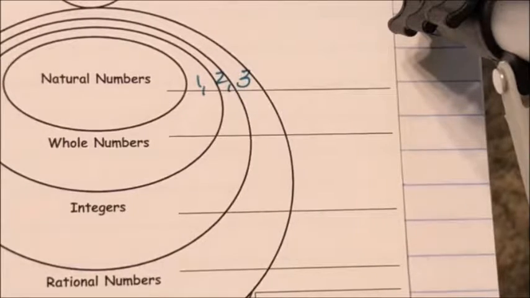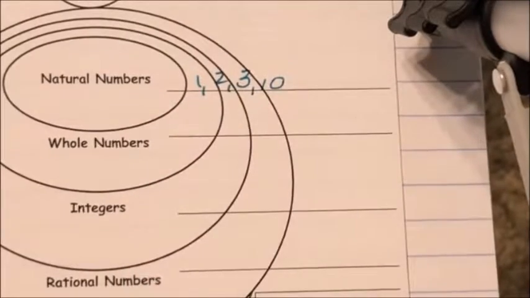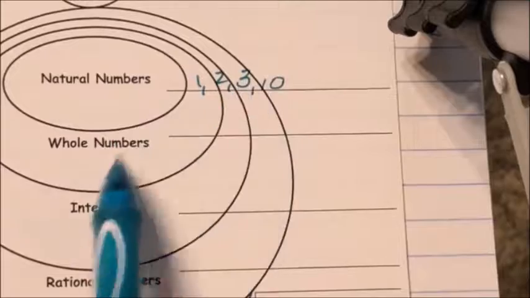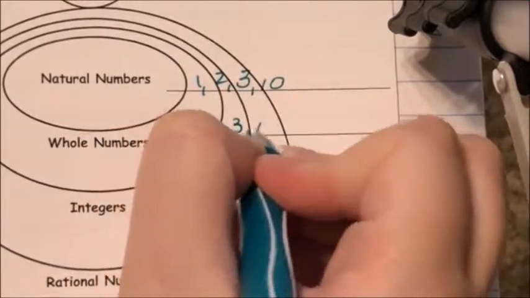I also have 10. Okay, so those are my natural numbers. Okay, my whole numbers, I add in 0. So they're all my natural numbers plus 0. So I have 0, 1, 2, 3, and 10.